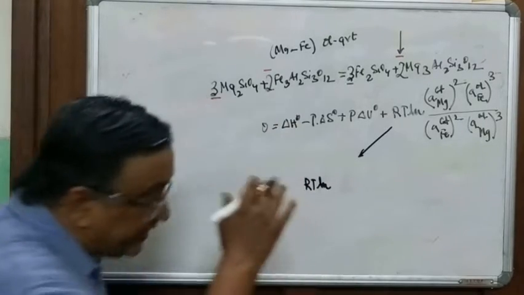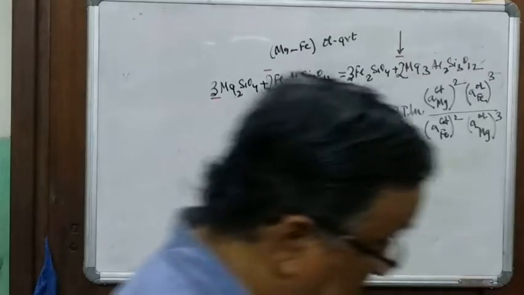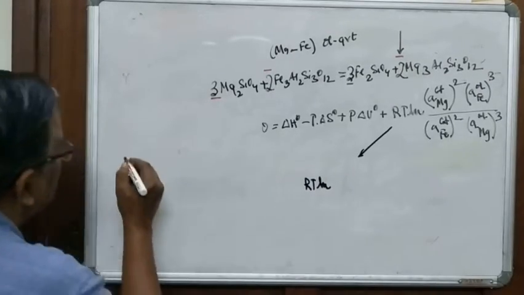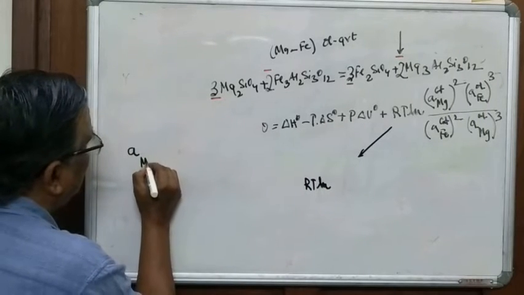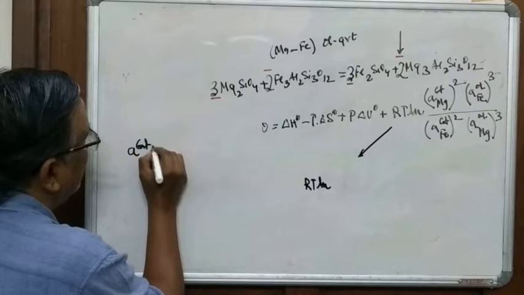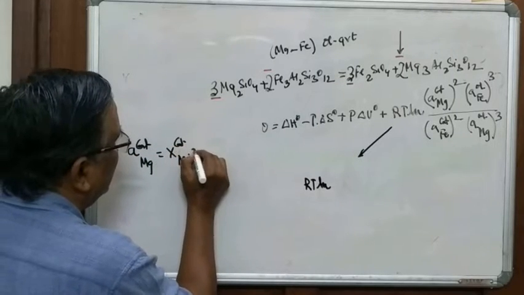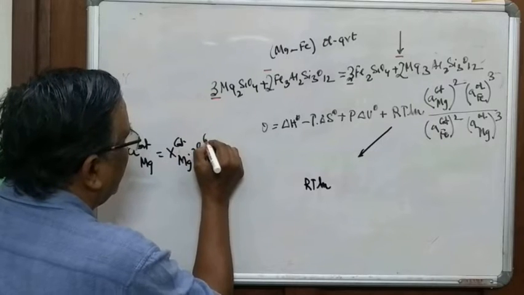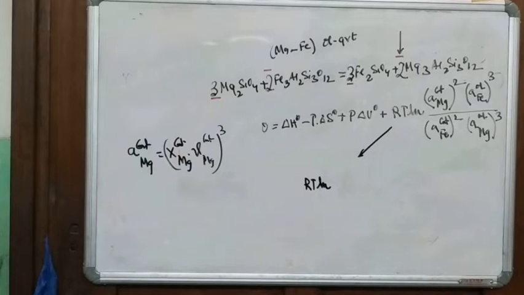Now from this one you can write RT ln, if I break activity into activity coefficient. Let me tell you. So activity of Mg in garnet will be equal to xMg in garnet into gamma Mg in garnet, whole cubed. Have you understood?